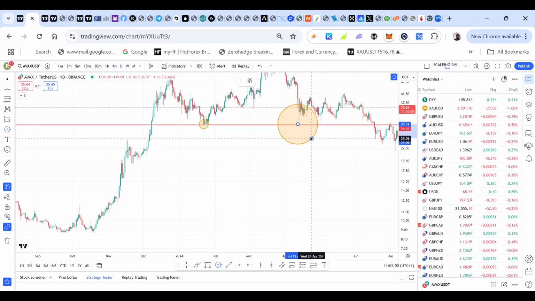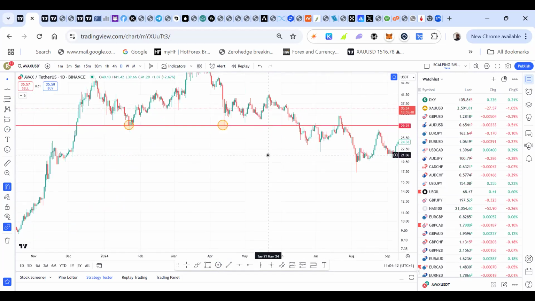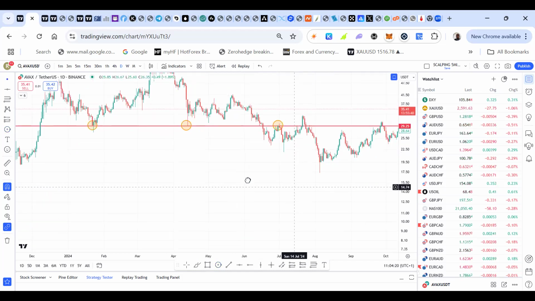Because like I told you, what you give attention expands, all right? What you give attention expands, okay? So if you give this chart attention, you get better at it. So you can see multiple touches. This is what makes it a support or a resistance, okay?